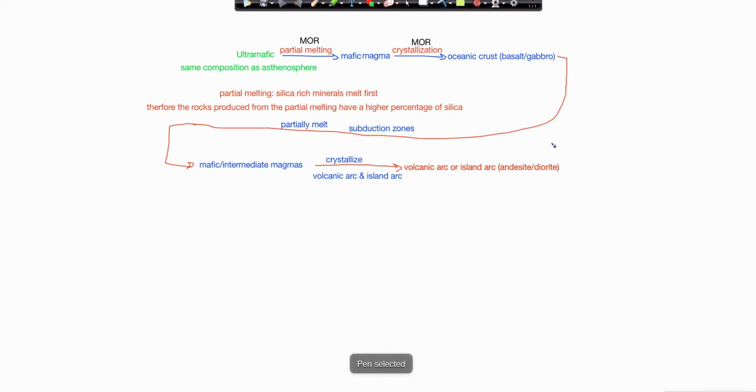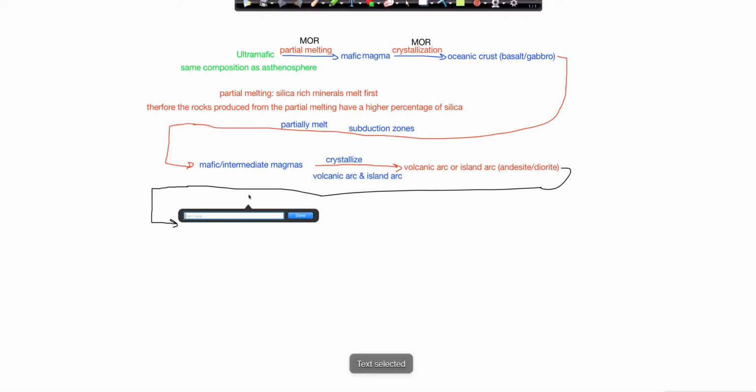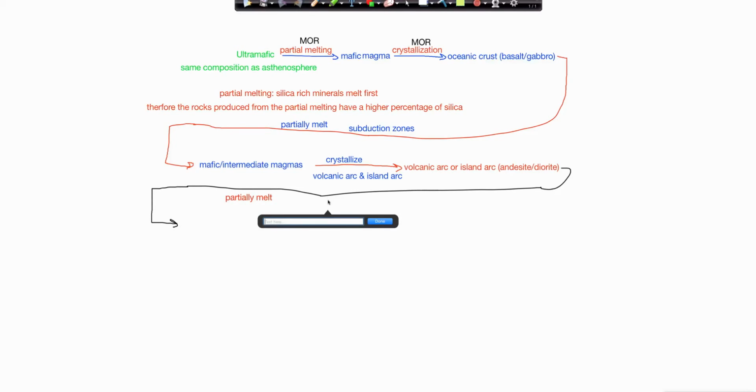When you partially melt your andesite and diorite, this is going to occur at subduction zones and collision zones until there's no more oceanic crust to subduct.